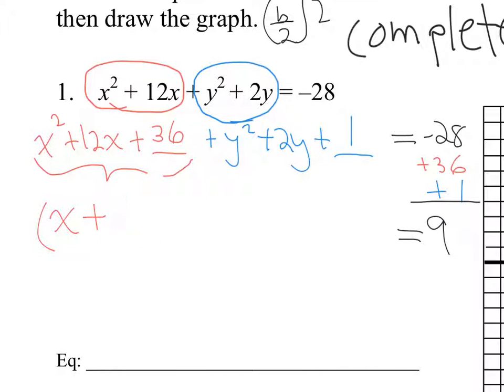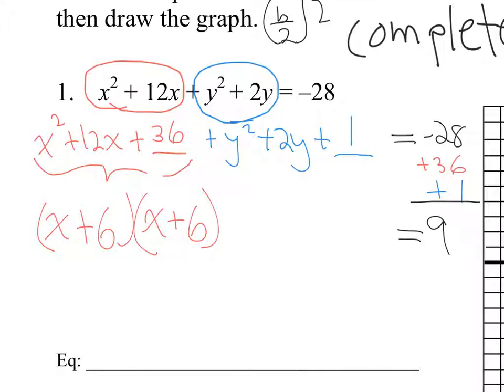Just as a reminder, if I tried to factor this into two binomials, this would be x and x, because it's x squared. My signs are going to be the same, they're both going to be a plus. And multiples of 36 that add to 12, well, that would be 6 and 6. So here, instead of writing x plus 6 out twice, we can just do x plus 6 squared. Just a nice recap on that.